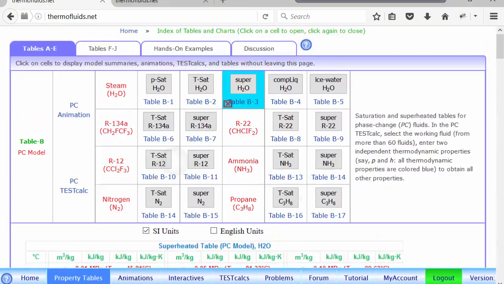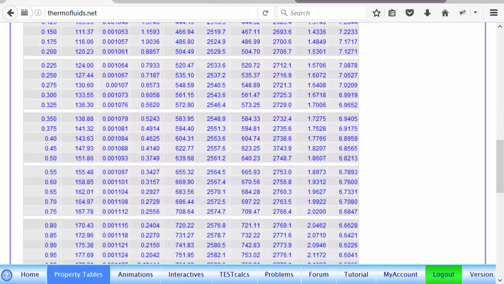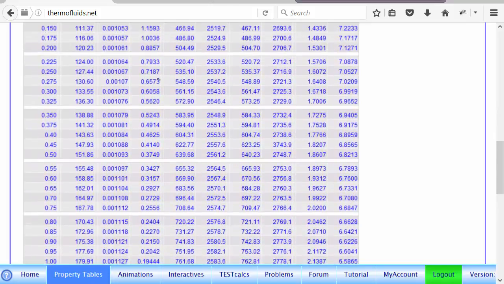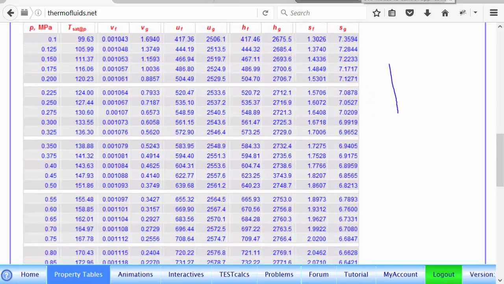So to find them, we go to the saturation table. 520 is, remember, somewhere between here and here. Enthalpies are, as you can see, so I already picked those numbers up.